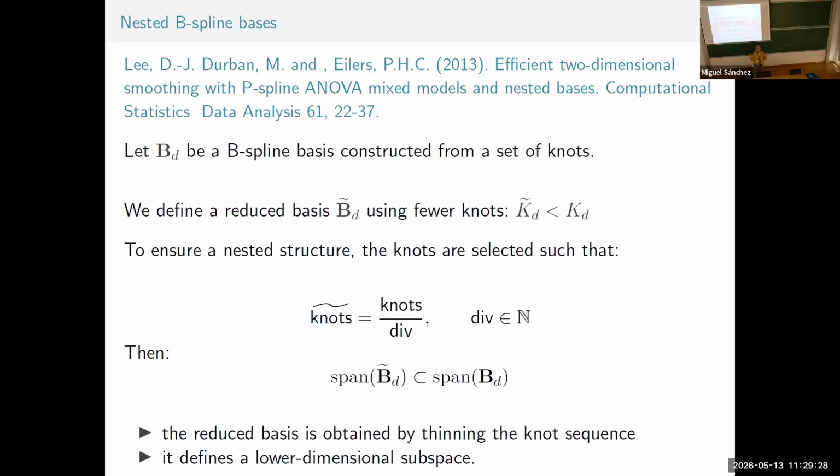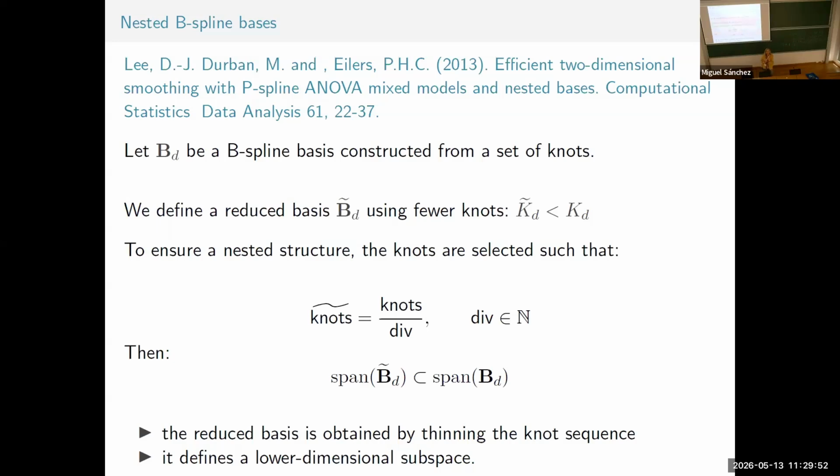So I want that my function, the span, is the same. So I use a basis for the one-dimensional, I use a basis for the other one, and instead of calculating the tensor product of those two, I calculate the tensor product of a reduced basis.